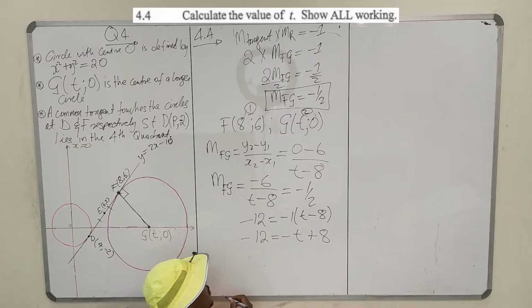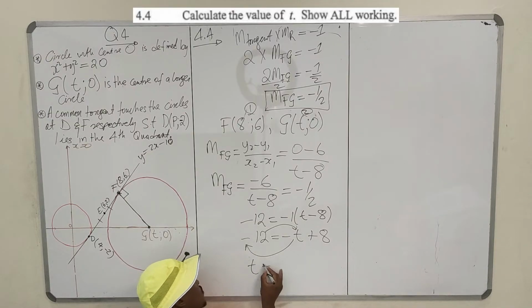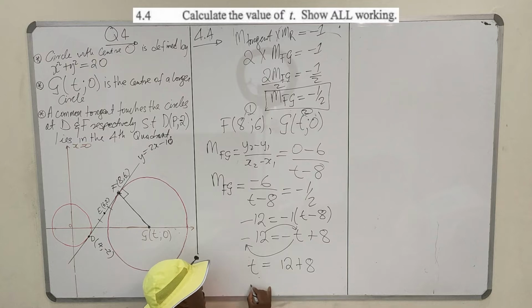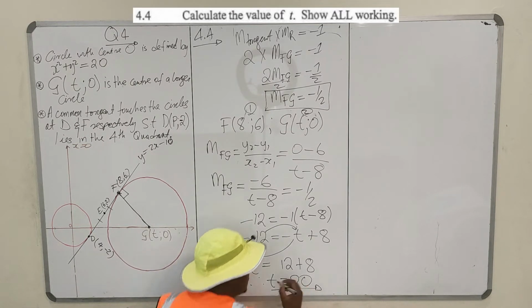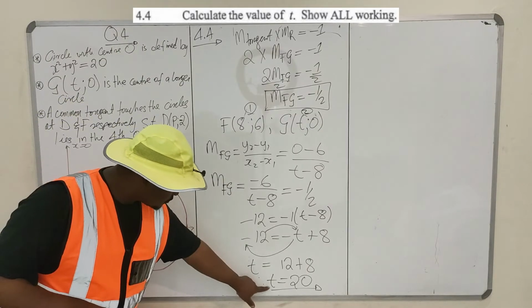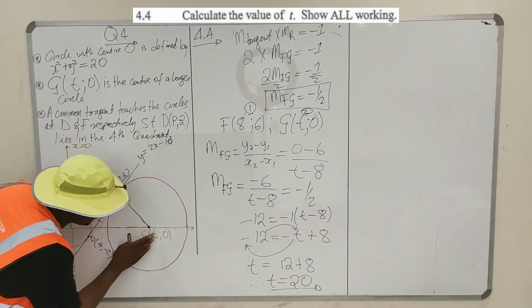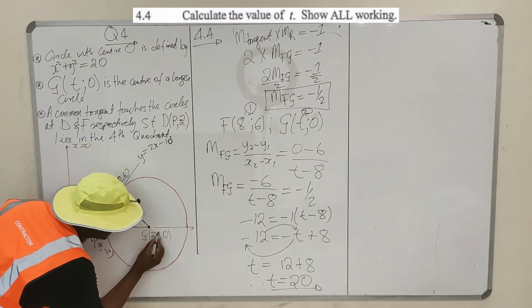Transpose the t to this side and the 12 to that side. So t is equal to 12 plus 8, therefore t is equal to 20. Done. You have found the value of t to be equal to 20. So you have 20 here.